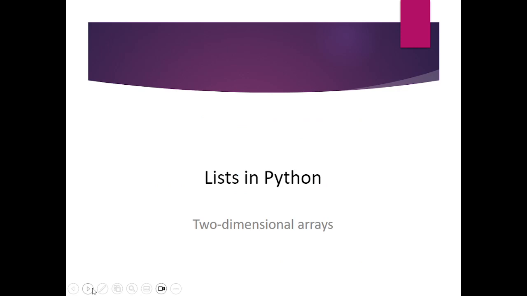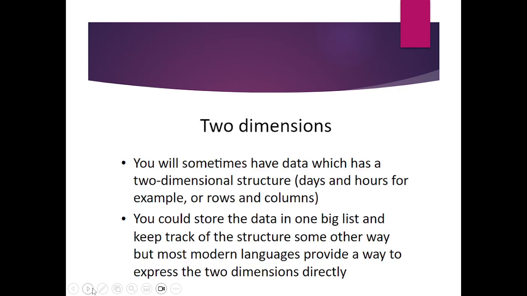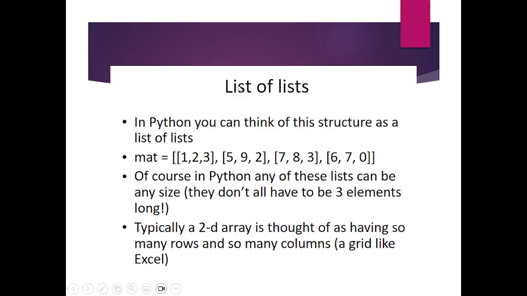Next, lists in Python: we have two-dimensional arrays. Sometimes you will have data which has a two-dimensional structure, days and hours, for example, or rows and columns. You could store the data in one big list and keep track of the structure some other way, but most modern languages provide a way to express the two dimensions directly. So, a list of lists.